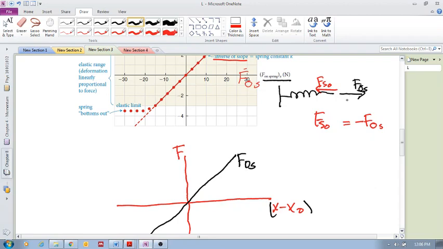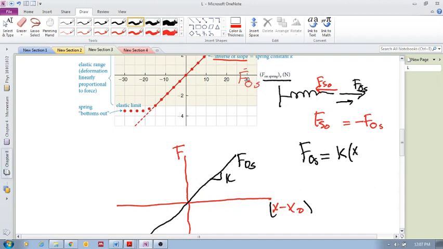Why do I say that? Because if the force of the object on the spring is positive, then the deflection of the spring also will be positive. So both these will be positive. So then the force of the object on the spring is k times x minus x0, because this slope is k.